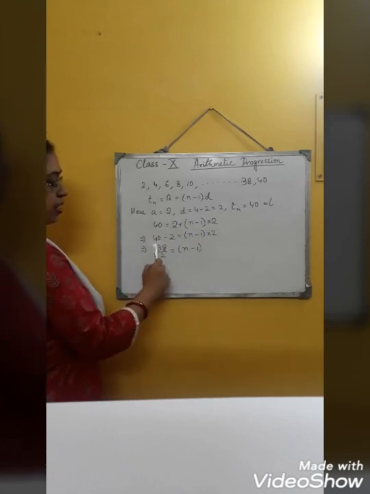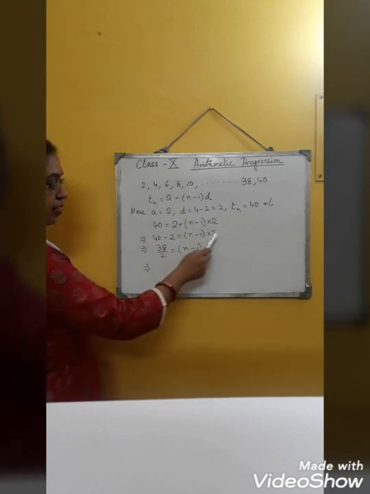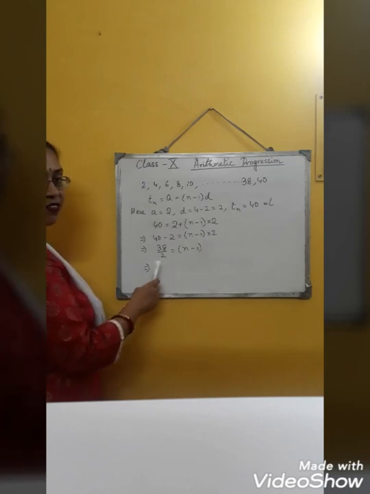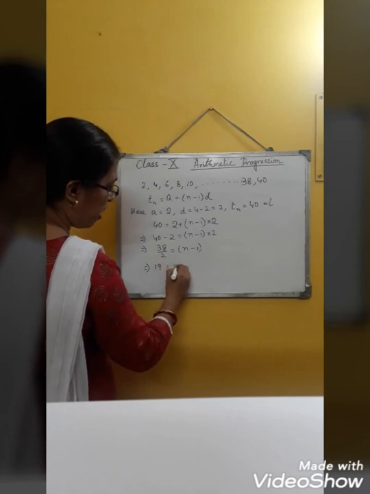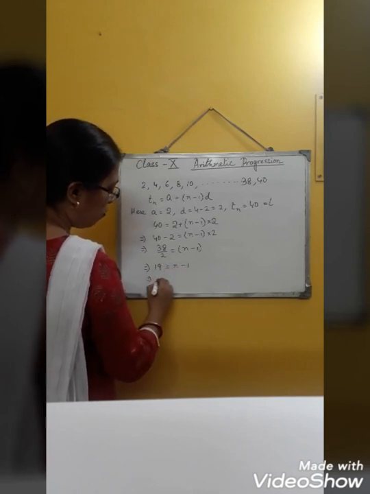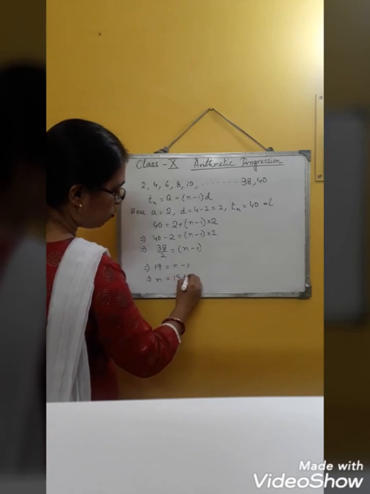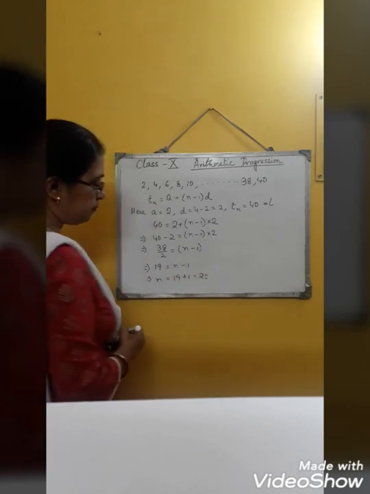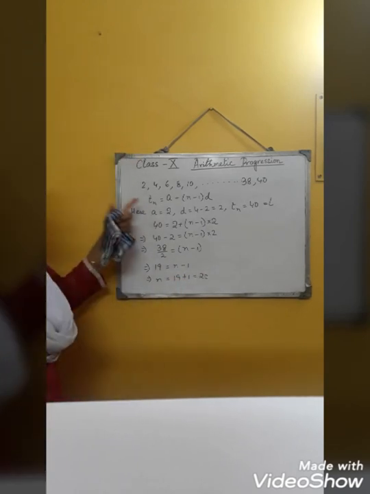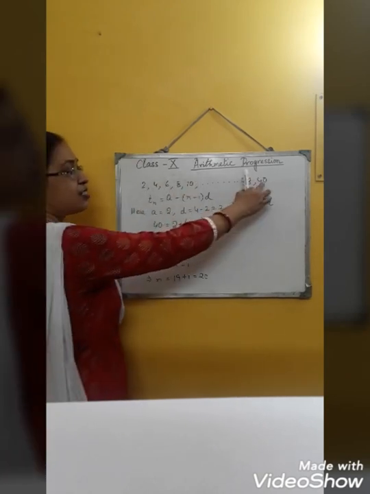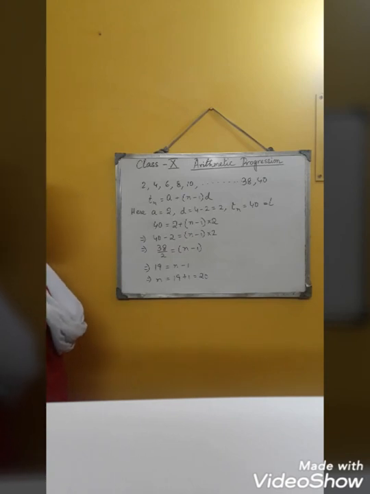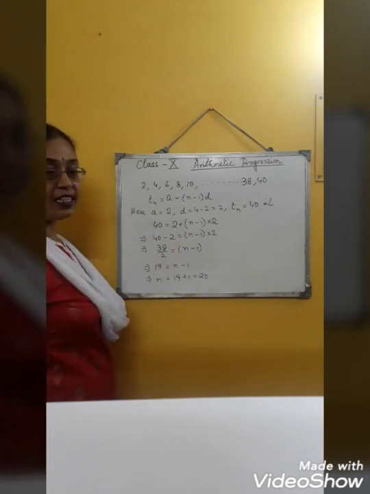Now bring 2 this side, that is 40 minus 2 is 38. This 2 comes down, it is divided. So you are having 19 is equal to n minus 1. Therefore n is equal to 19 plus 1, that is 20. So the number of terms in this series is 20, where it starts with 2 and the last number is 40.